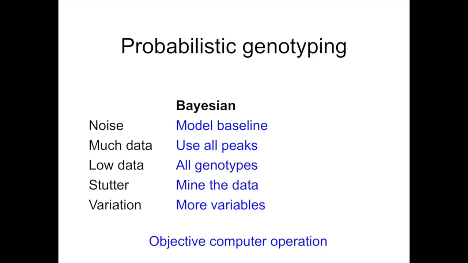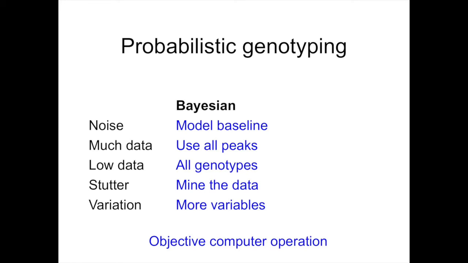Bayesian probability uses computers instead of people to interpret data. The Bayes approach updates probability through a mathematical examination of evidence. The human alternative can introduce bias and error. Bayesian genotyping handles noise by statistically modeling the baseline. With lots of data, Bayes can use all the peaks.